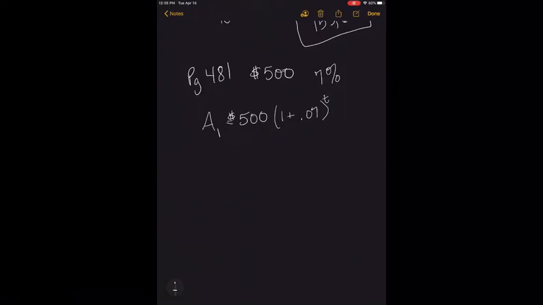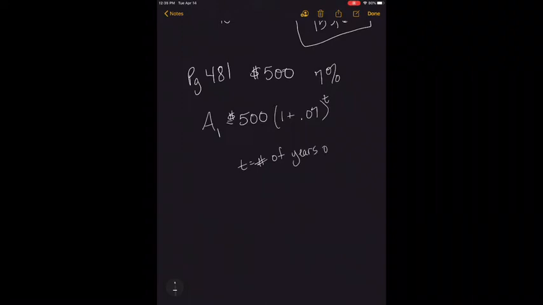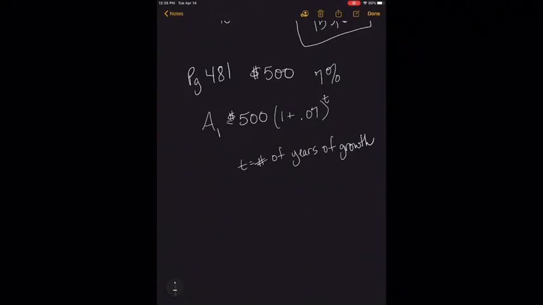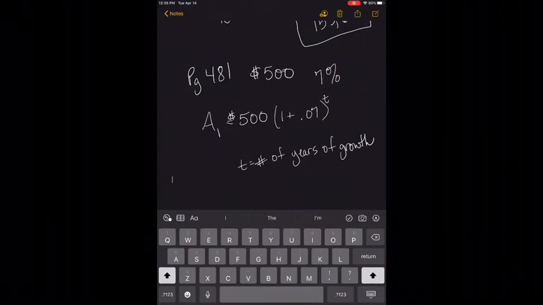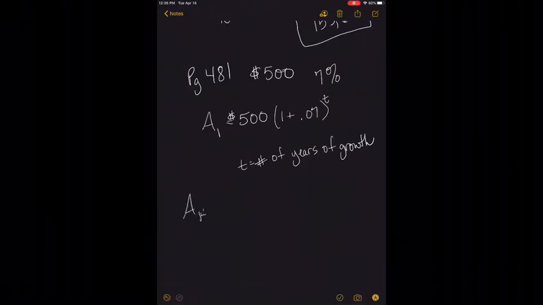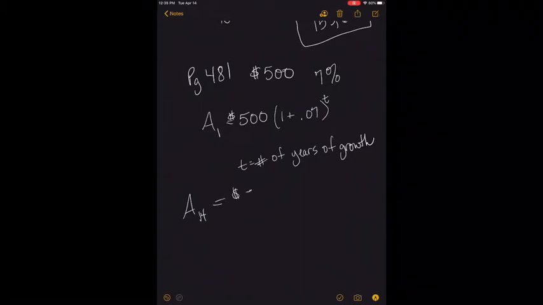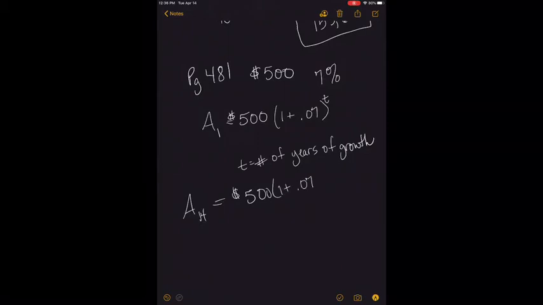So what we have to do is our exponent is t. So t, once again, is time, number of years of growth. So in the problem in the book, they said, how much money did he have after 14 years? Well, you would say A sub 14 equals 500 times 1 plus 0.07 to the 14th power.